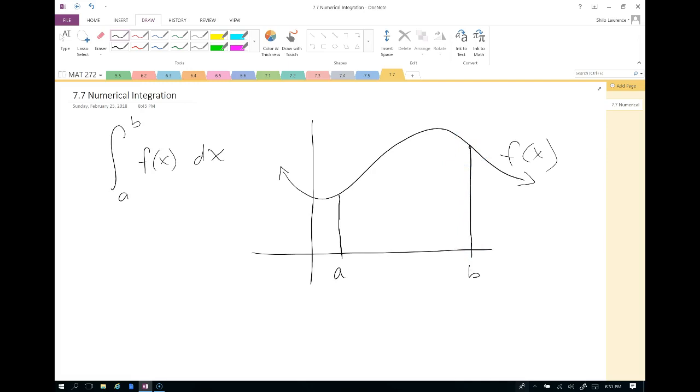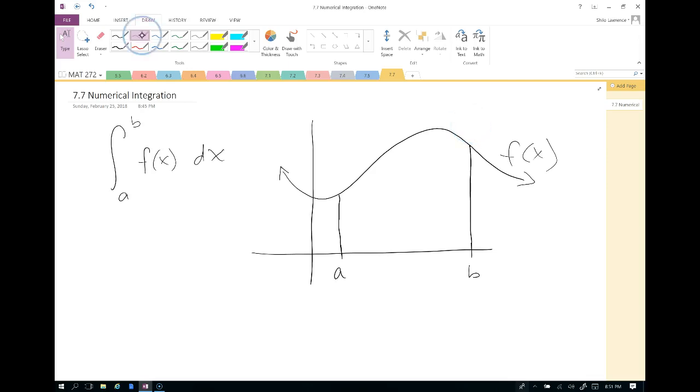If f of x is something that we recognize how to find the antiderivative for, we could easily just find the antiderivative and plug in our endpoints and subtract and find the exact answer. But if f of x is something we don't recognize how to integrate, or if f of x is given to us as tabular data and not a function at all, we might not be able to integrate that at all.